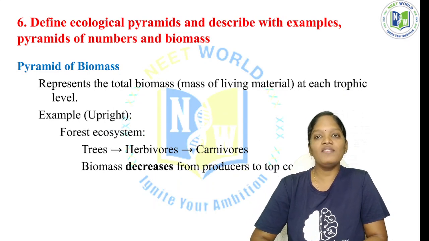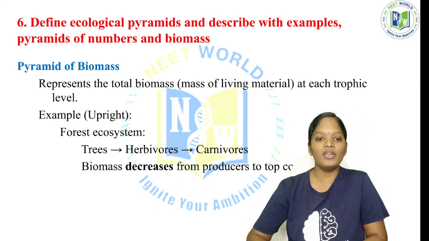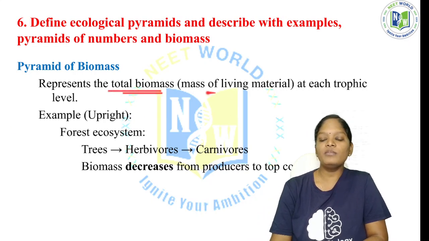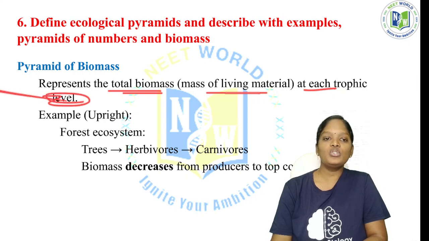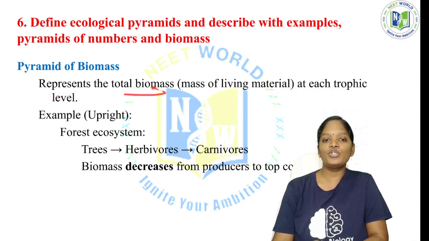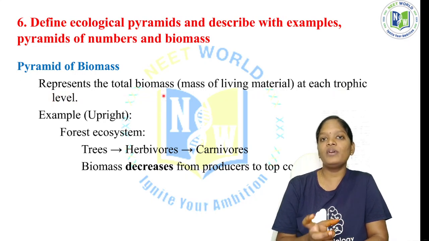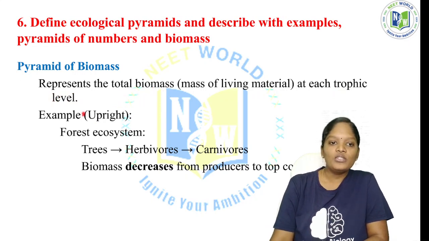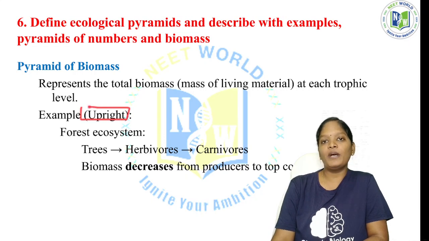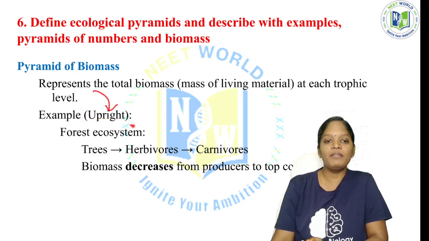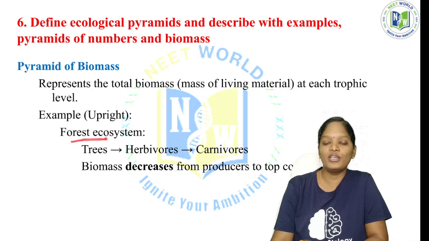Now the second thing is the pyramid of biomass. This represents the total biomass, the mass of living material, at each trophic level. This is an upright pyramid of biomass. An example for this upright biomass is the forest ecosystem.